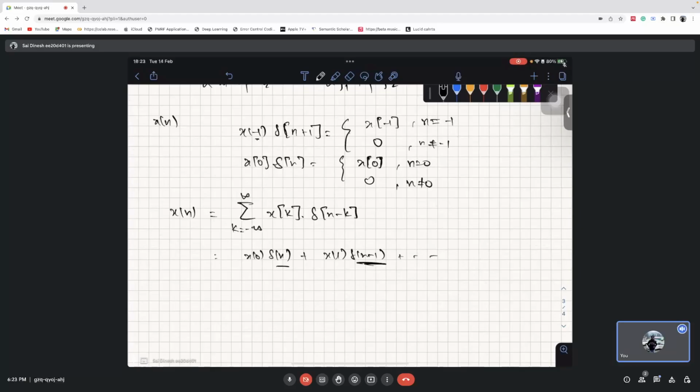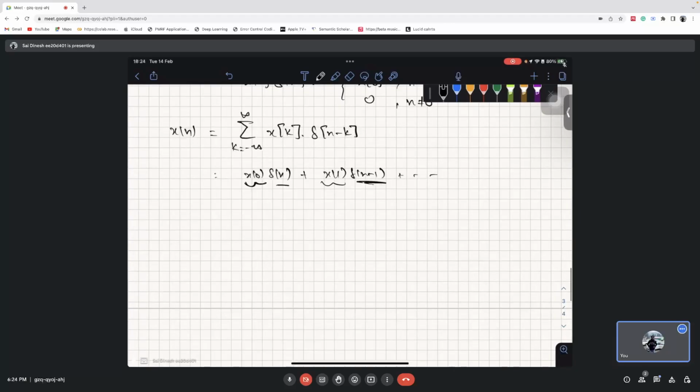These are shifted and scaled by the coefficients that we have here. So any signal can be represented as a shifted and scaled version of various impulse signals.